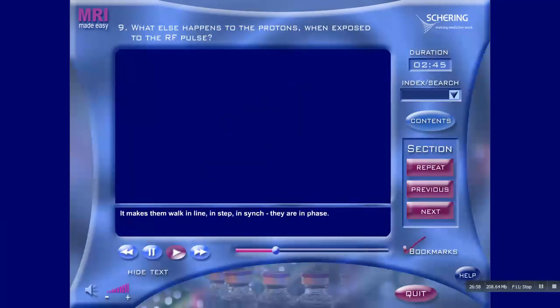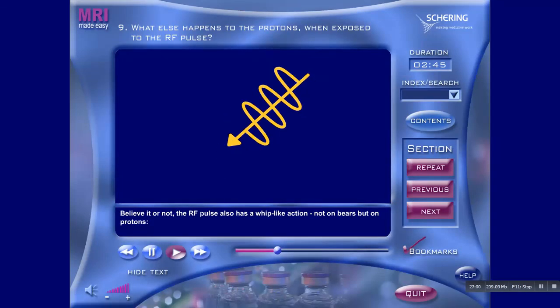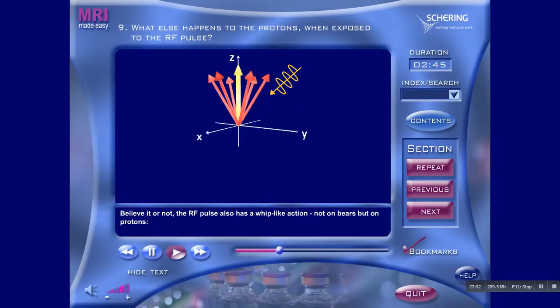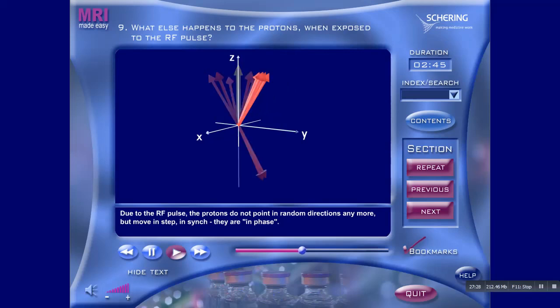Believe it or not, the RF pulse also has a whip-like action, not on bears, but on protons. When the protons randomly point left, right, back, forth, and so on, they also cancel their magnetic forces in these directions. Due to the RF pulse, the protons do not point in random directions anymore, but move in step, in sync.